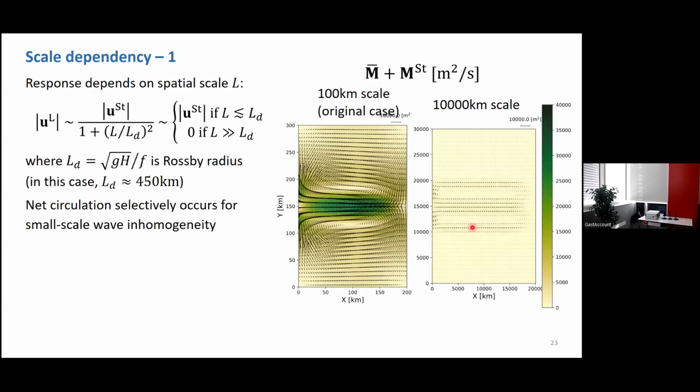And what's interesting here is that the response has a scale dependency. I won't go too much into the detail, but from a brief scaling analysis, we can have this kind of relationship.